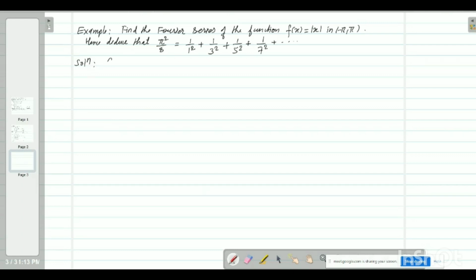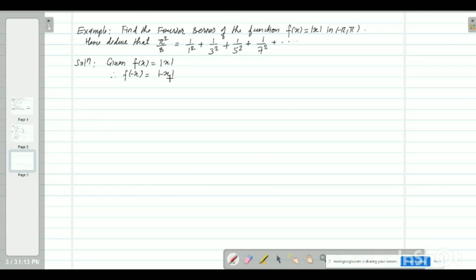Solution. Your given function is f of x equal to mod of x. Let us check whether it is an even function or an odd function. Therefore, f of minus x equal to mod of minus x.